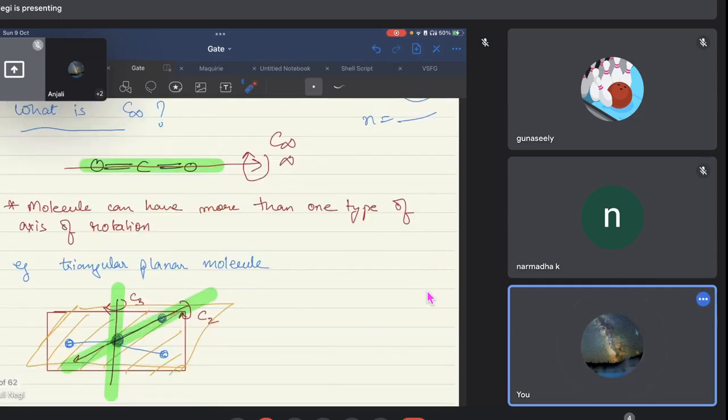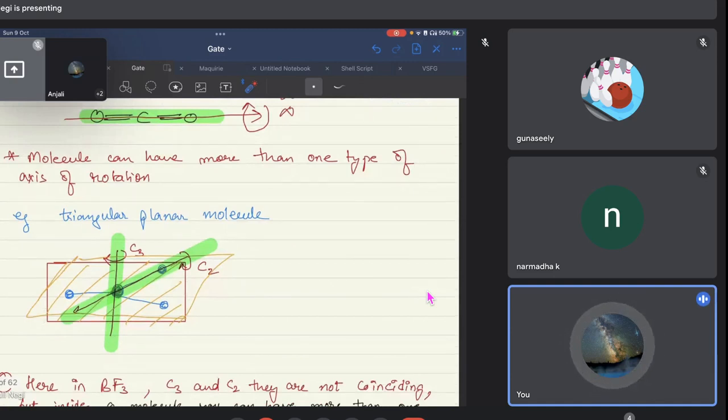Now the molecule can have more than one type of axis of rotation. It is clear that for any molecule, if the rotational axis gives me an indistinguishable structure, I can have not only one but more than one proper axis of rotation. So for example, take this triangular planar molecule, for example BF3.